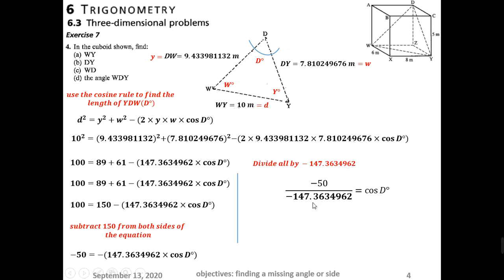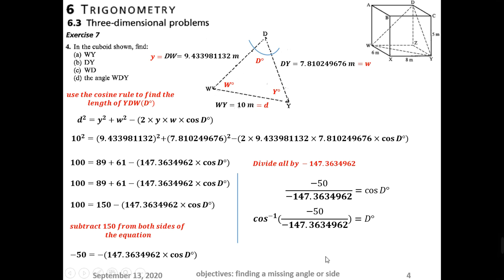So, negative 50 over negative 147.36 is equal to cosine D. So, we are again solving for D. So, we must isolate D. So, we're going to apply the cosine inverse on both sides of the equation. So, cosine inverse of negative 50 over negative 147.3634962 is equal to D.